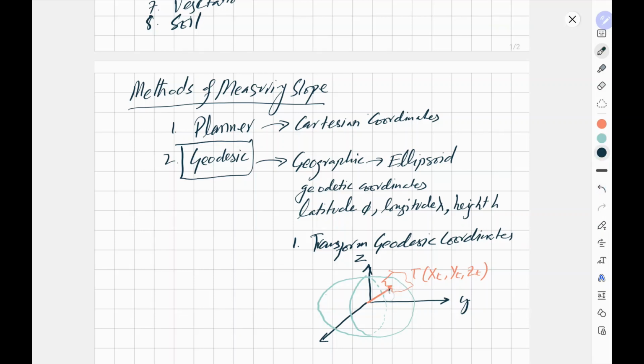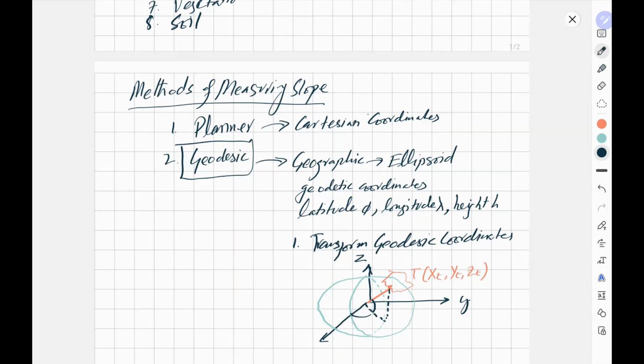If I drop it down, there is one angle subtending this vertical angle, and there is another angle subtending, which you can see like this.